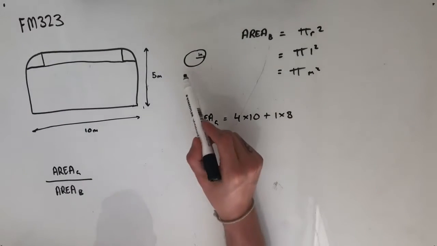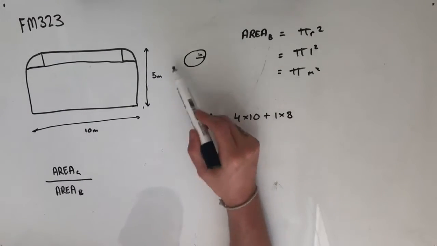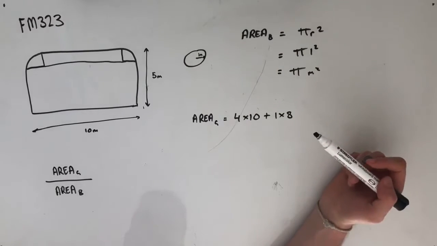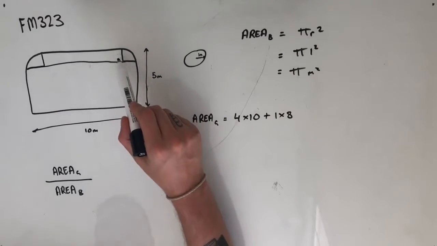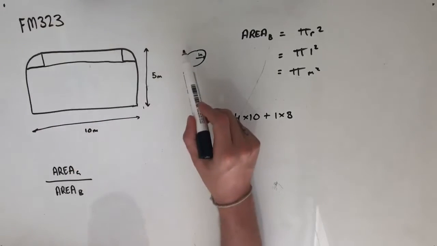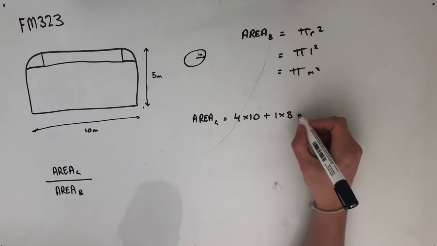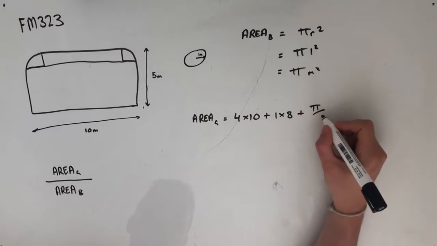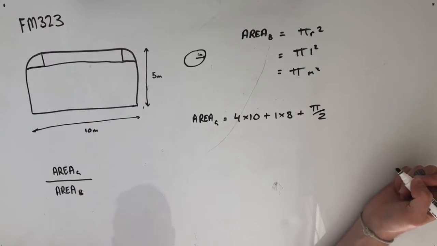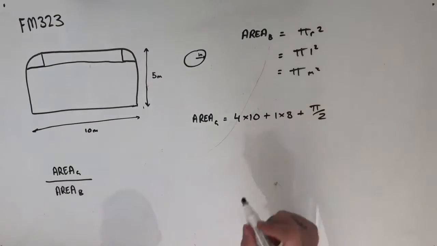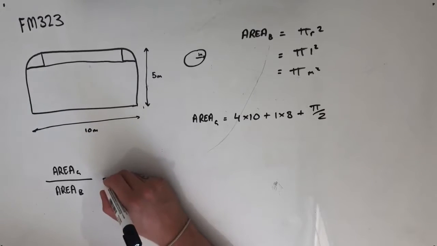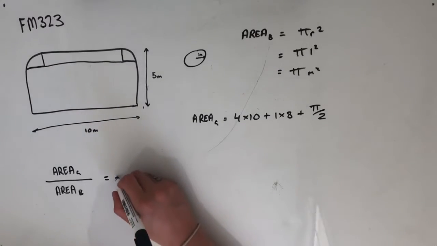Now we also found that the cross-sectional area of the ball was going to be pi meters squared. So seeing as these two corners would make up half the area of the ball, we're also going to add pi on 2. Now that we have this set up here, we can go back to our original formula.